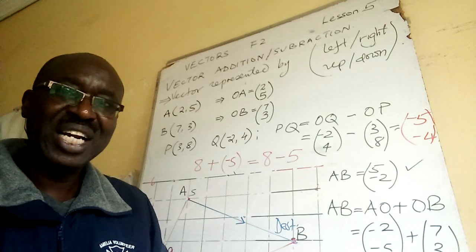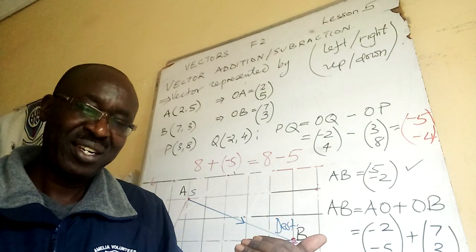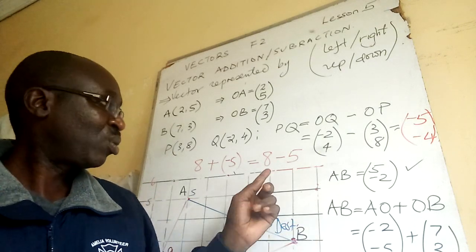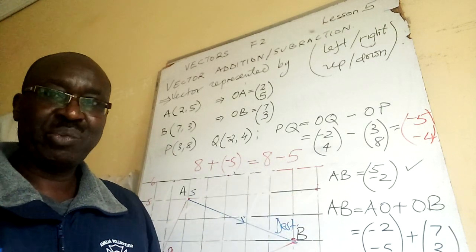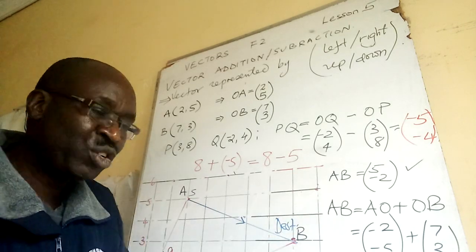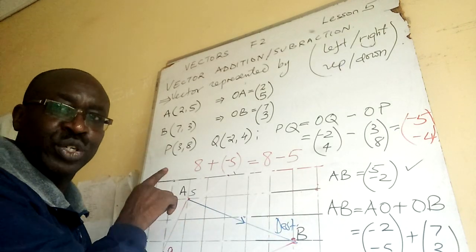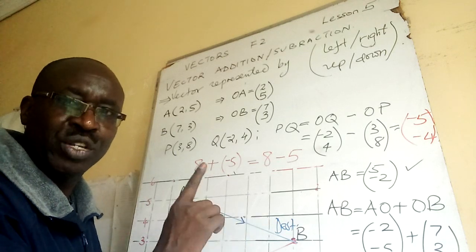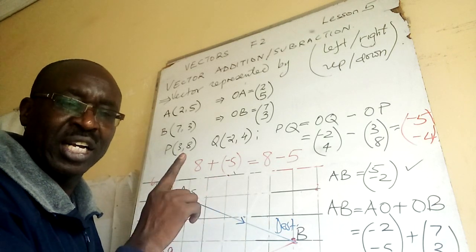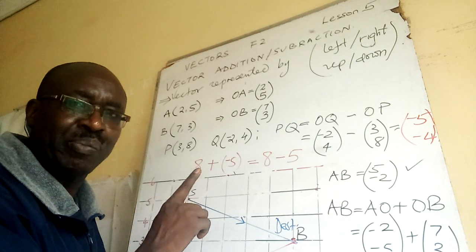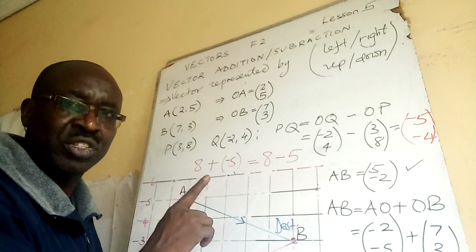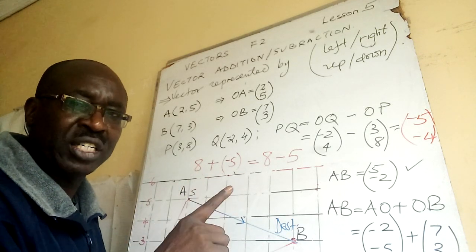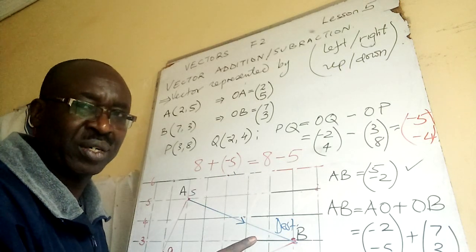So addition indirectly has subtraction in it. So I have taken this version in my explanation. I want you to know from starting point to destination. When you are given the coordinates of starting point and the coordinates of destination.